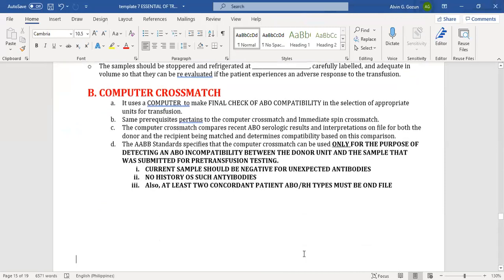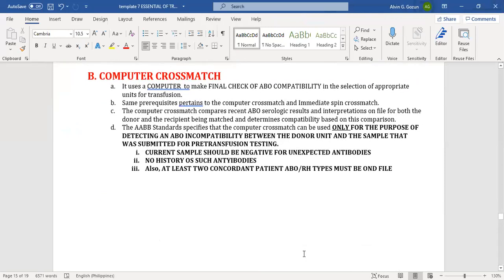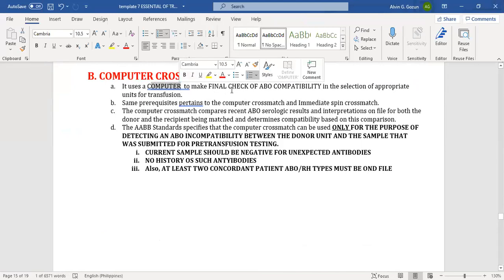So ano naman ang computer cross-match? So very short lang to. Computer cross-match, it uses a computer daw to make final check of ABO compatibility. The AABB standard specifies that the computer cross-match can be used only for the purpose of detecting an ABO incompatibility between the donor unit and the sample that was submitted for pre-transfusion testing.